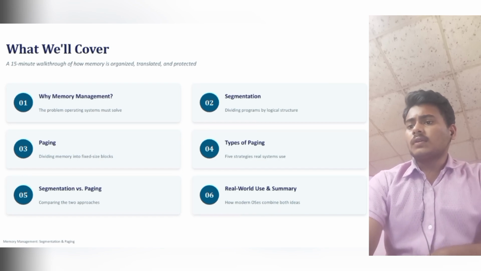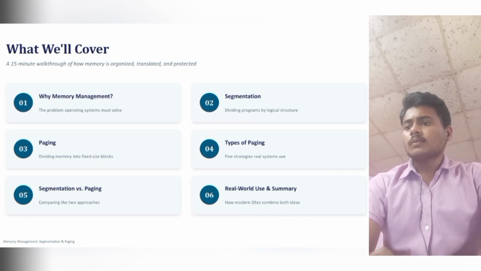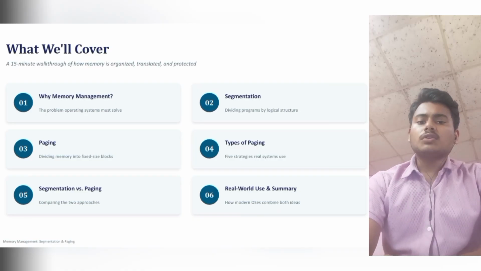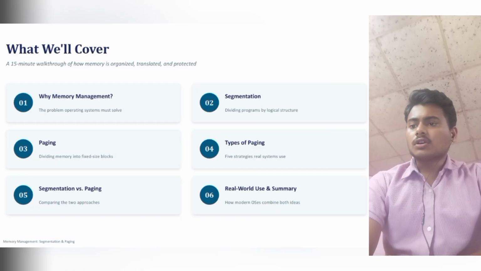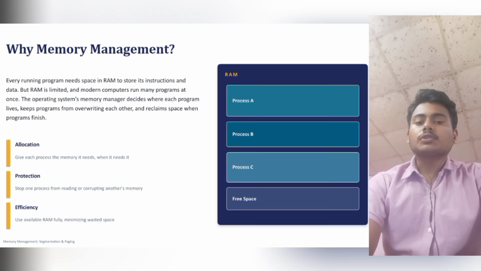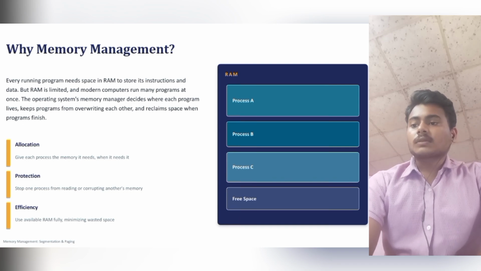We will look at 5 types of paging used in modern systems. Then we will compare segmentation with paging side by side, and we will finish with how modern computers use both ideas together. Alright, let's jump into the first one.